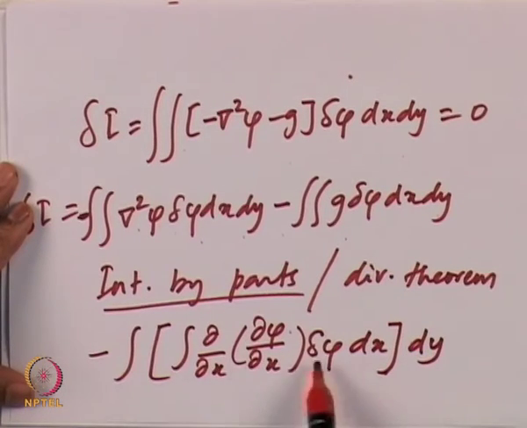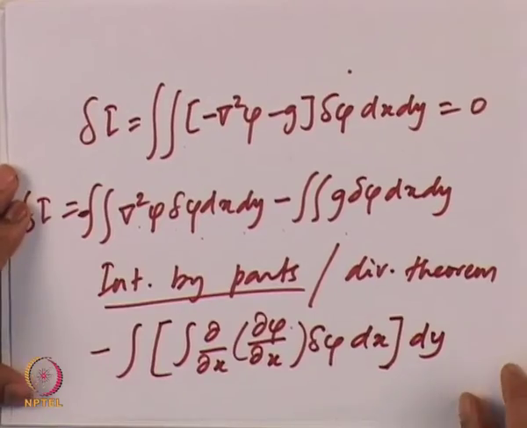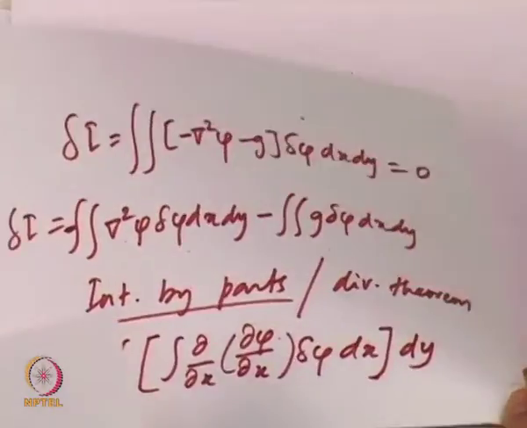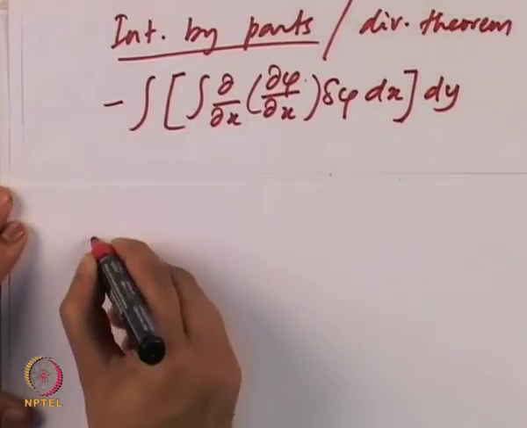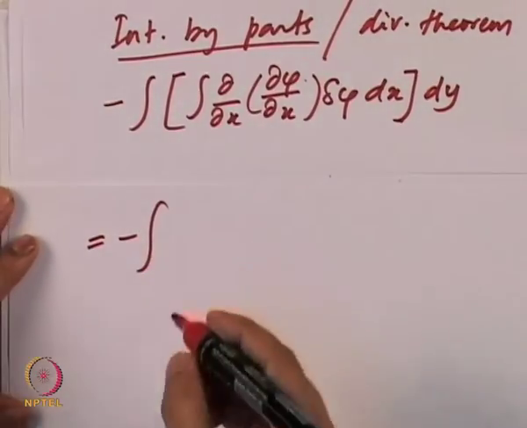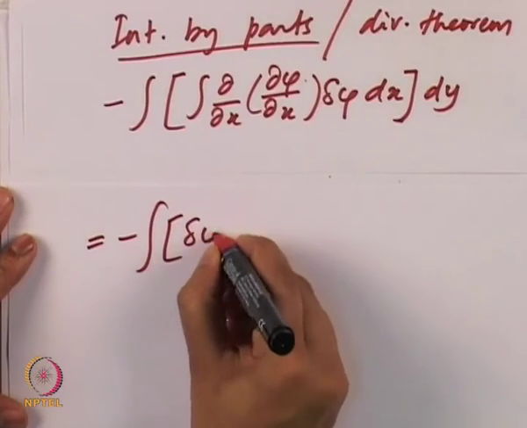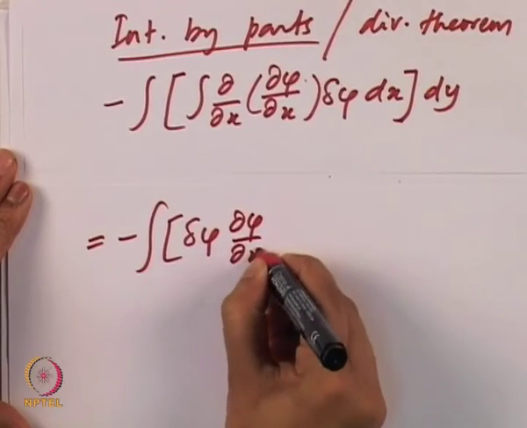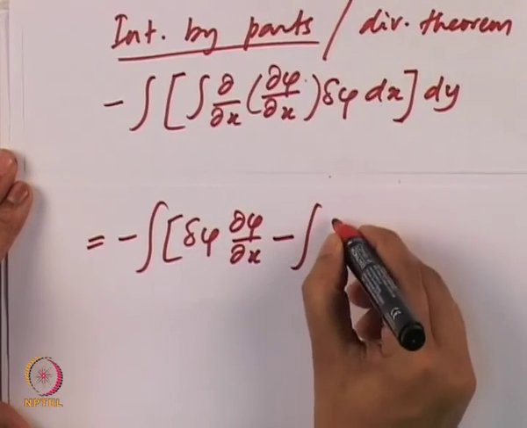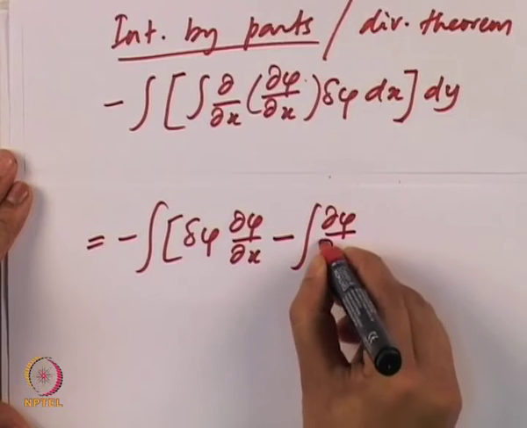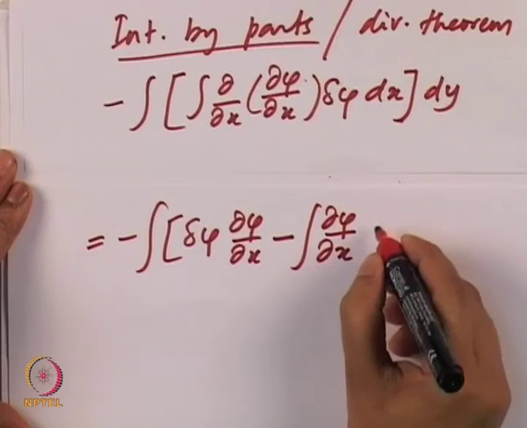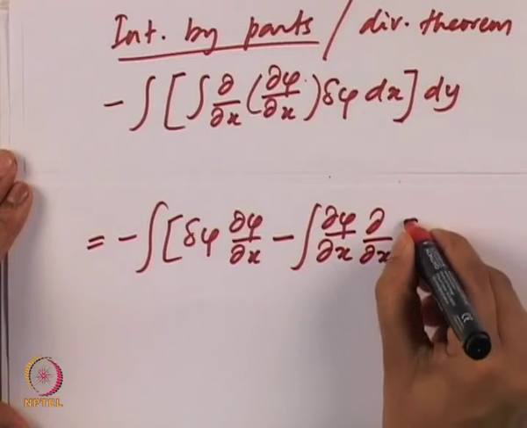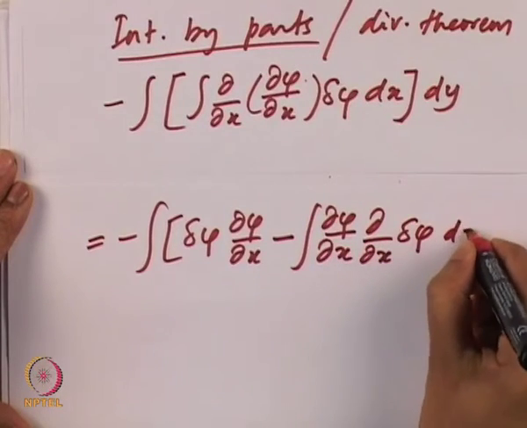So I am just changing the way it has been written, and what I am going to get is the next expression, which is equal to minus integral small variation d phi by dx minus integral partial differentiation with respect to x d phi by dx, the small variation times dx.